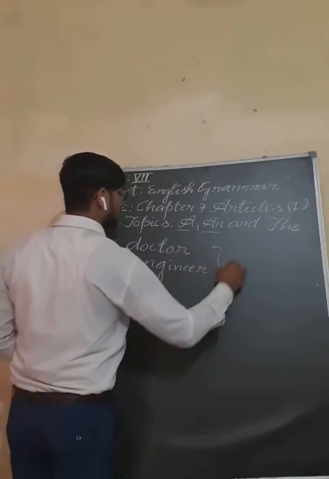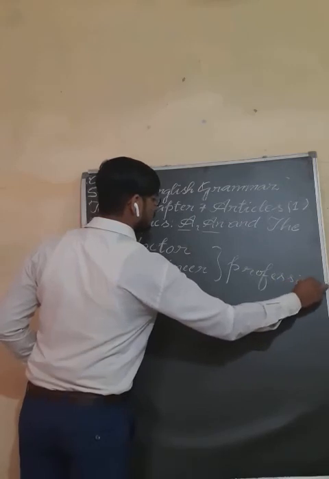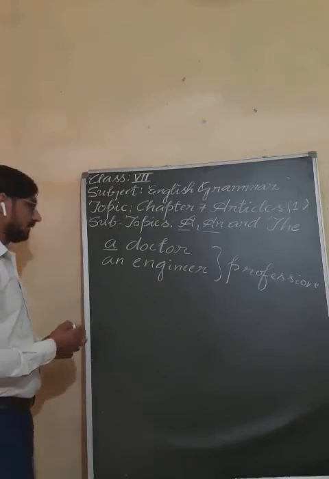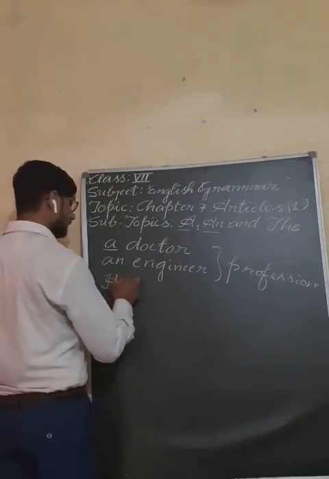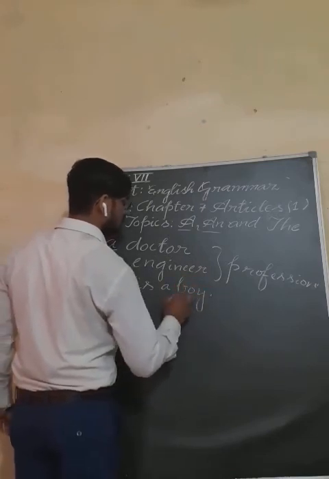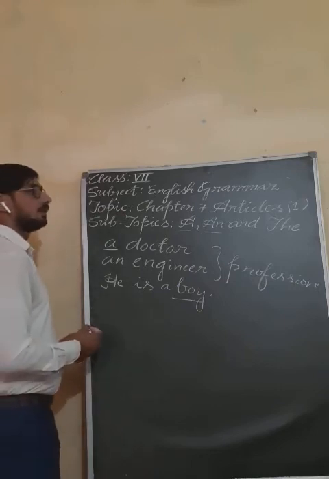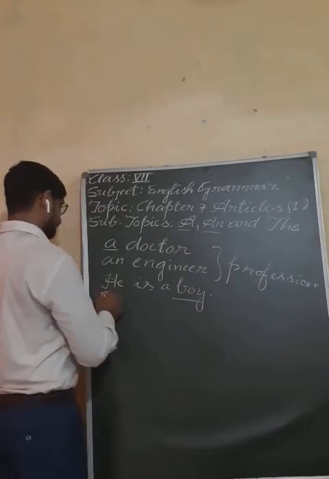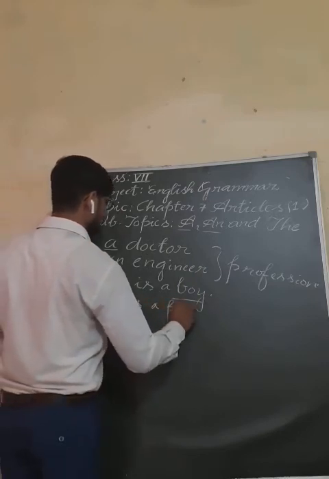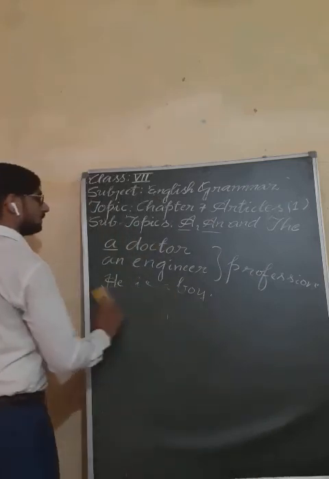For telling about the profession of the person, we can use a and an, and after that to say about the person, which type of person or thing is. He is a boy. We are telling here about the person. Which type of boy is? He is a boy. Telling about something. It is a pen. Understand? So I hope that you are understanding it clearly. All these.